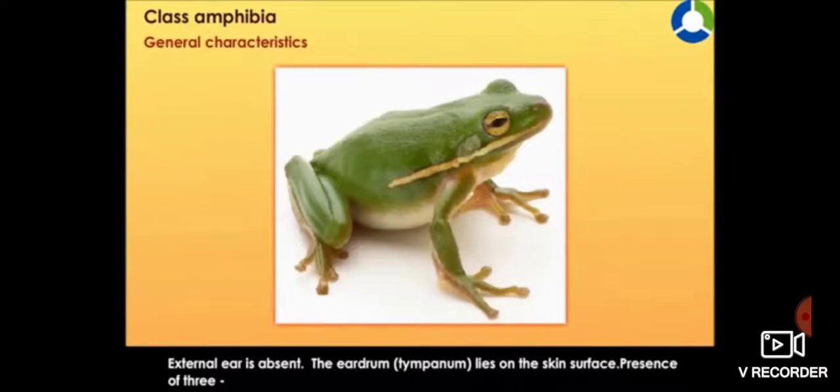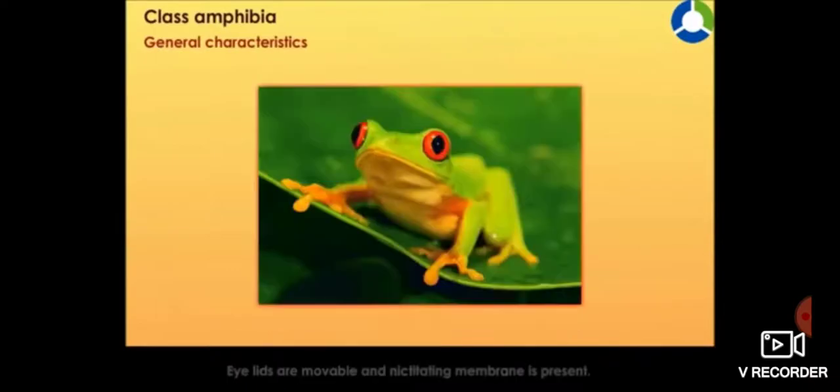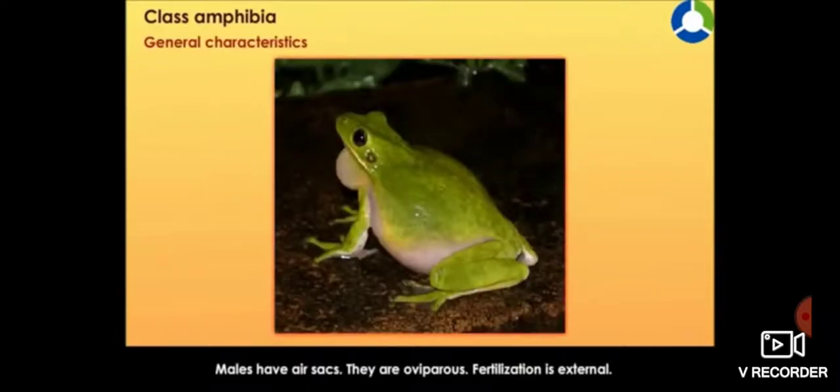External ear is absent. The eardrum, tympanum, lies on the skin surface. Presence of a 3-chambered heart with 2 auricles and 1 ventricle. Eyelids are movable and a nictitating membrane is present. The tongue is sticky, covered with mucus. Presence of paired nostrils. Skin, gills and lungs are the respiratory organs. Males have air sacs. They are oviparous.